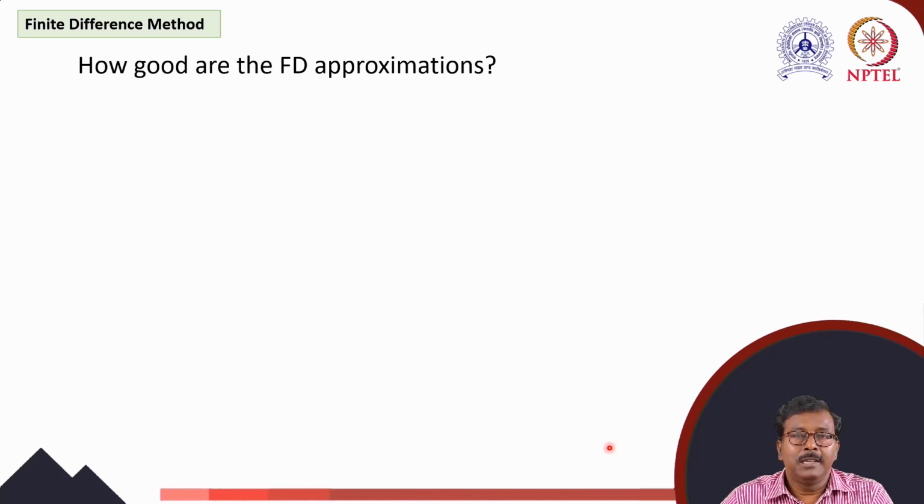In that case, we have sometimes approximated after the second term, sometimes after the third term in the Taylor series expansion. But we have to have knowledge of how the errors occur due to these approximations. So let us first do the Taylor series expansion of x plus delta x.